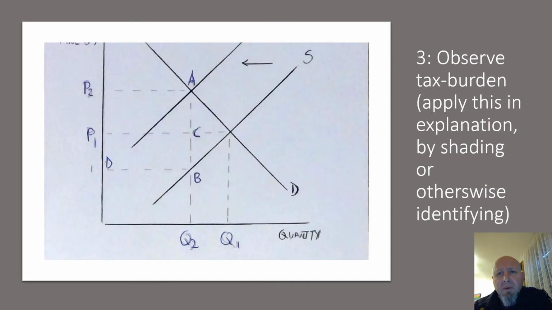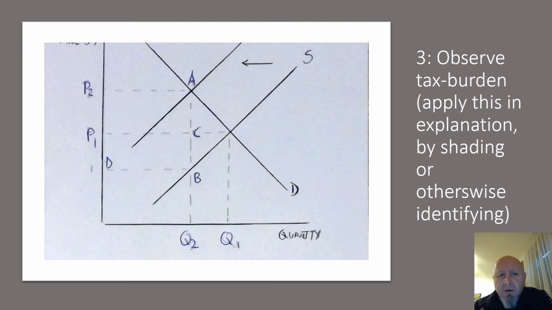On this diagram, you will observe the tax burden. Apply this in explanation or by shading or otherwise identifying. So, as you can see, when the S has shifted inwards to S plus tax, we have a tax burden. For the consumer, the burden is P2, A, C, P1. That area you could shade.